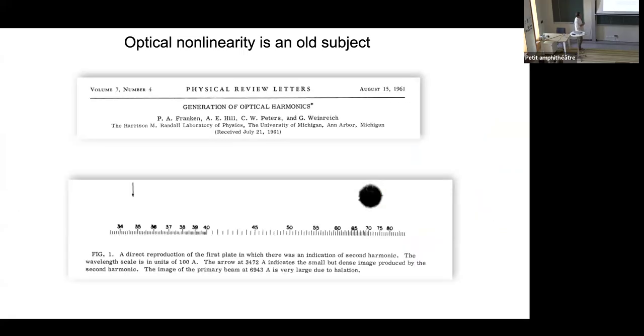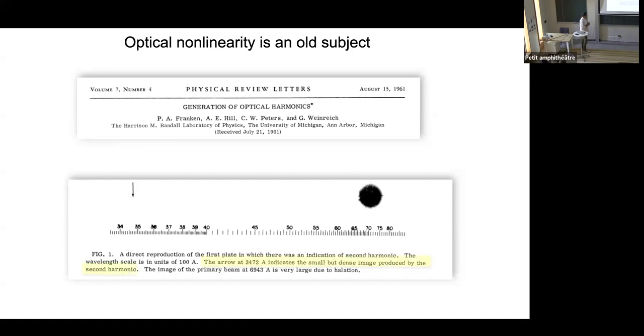Optical nonlinearity, as I mentioned, is an old subject. Shortly after the discovery of the first ruby laser, there was the first demonstration of optical nonlinearity in a material system, and this was a now-famous 1961 PRL, showing second harmonic generation from quartz.